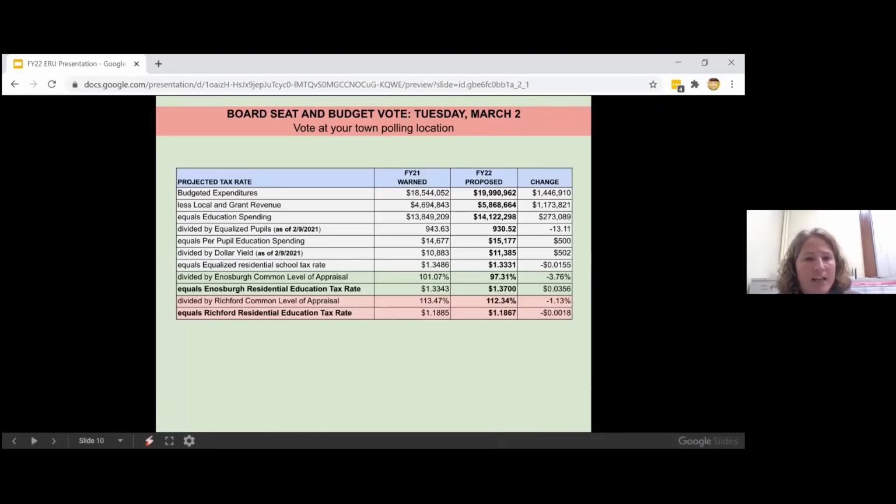I left you off on the per pupil spending, and then you divide that by the dollar yield. The dollar yield is set by the state, and this number moves. We talk about estimating, and we kind of have to estimate, but the legislature has come in and said they're estimating they're going to spend $11,385 per kid.